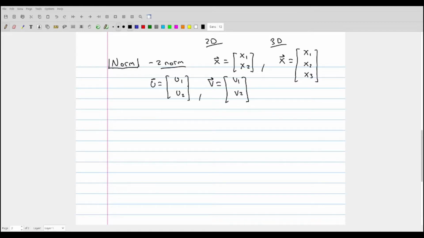We can use the norm to define the distance between these 2 points. For any vector, the 2 norm is just the square root of each component squared, added together. You'll remember this is the same thing as the square root of the dot product between a vector and itself.